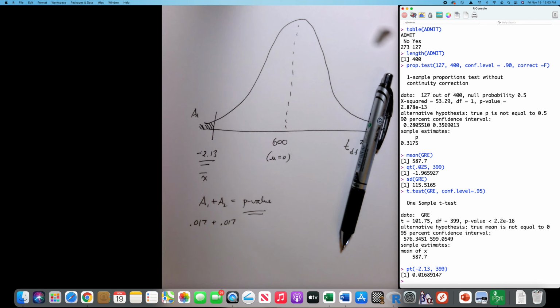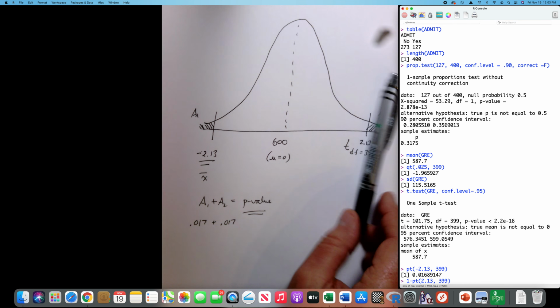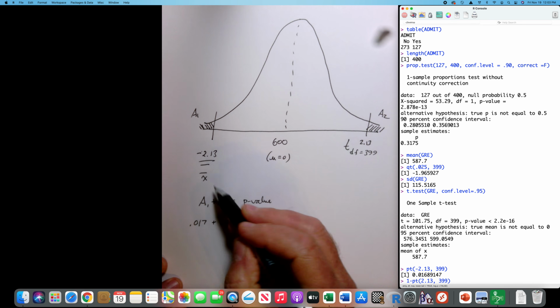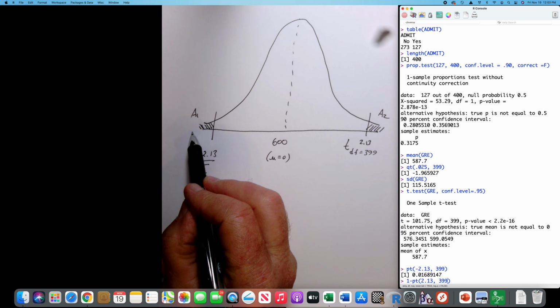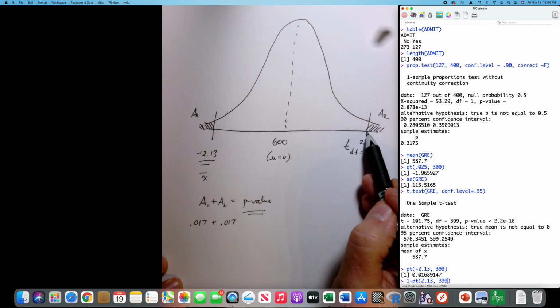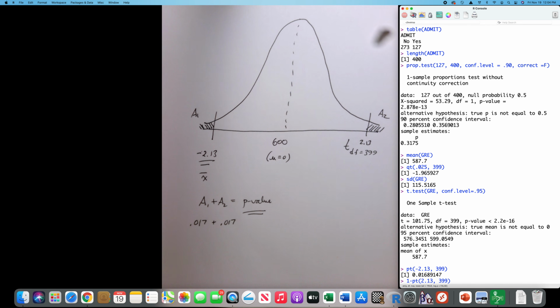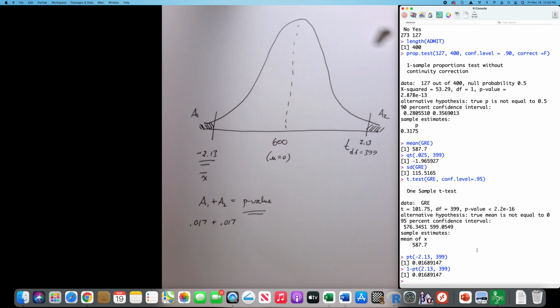If we needed that for some reason, I would have 1 minus PT of 2.13, 399, because what the PT function does is it always finds the area below. So if it always gives me the area below and I need the area above, obviously I need to subtract that from 1. And I get the same thing.